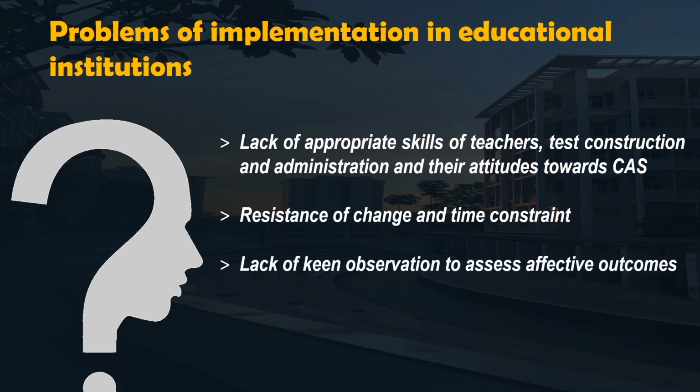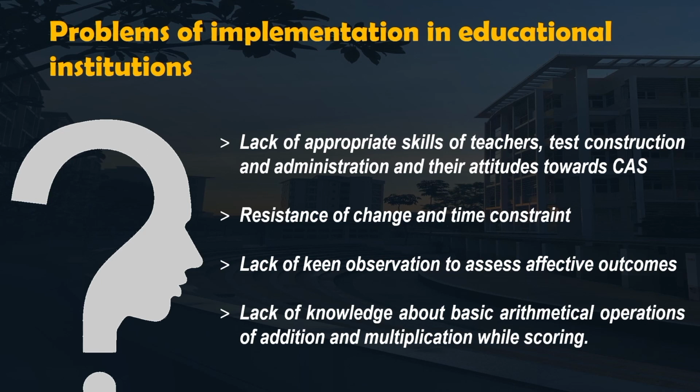The lack of keen observation to assess the affective outcomes, and lack of knowledge about basic arithmetical operations of addition and multiplication while scoring, like how to calculate the mean of the students' progress. So, you should know some kind of minimum statistics to perform an effective scoring.